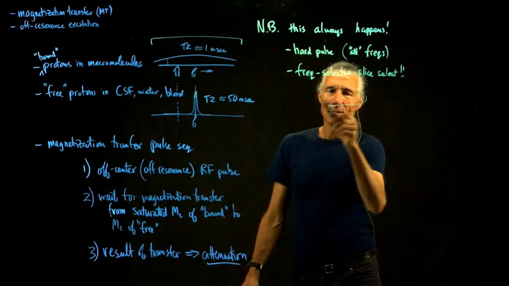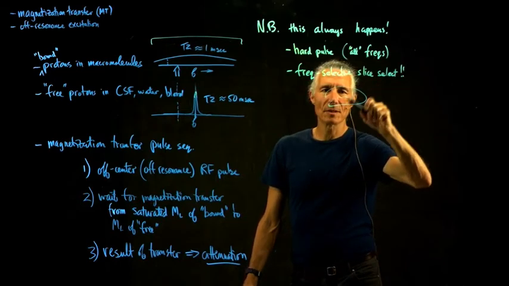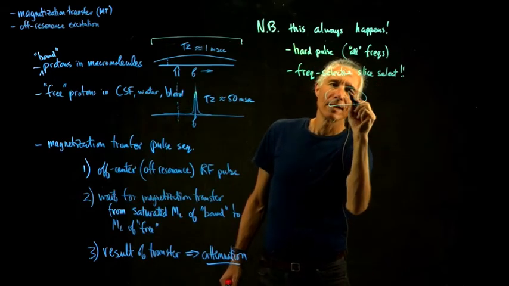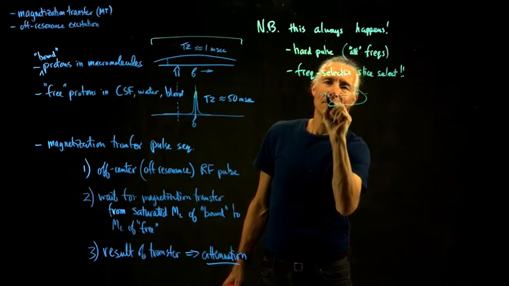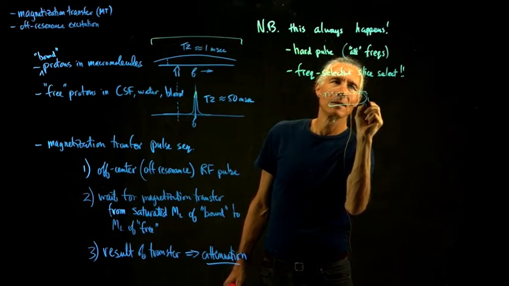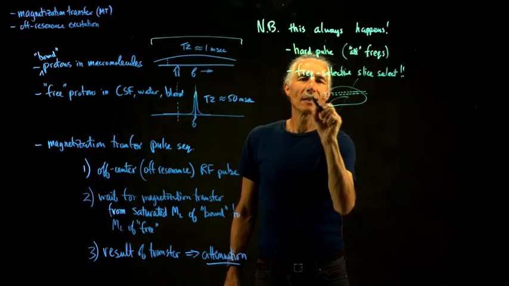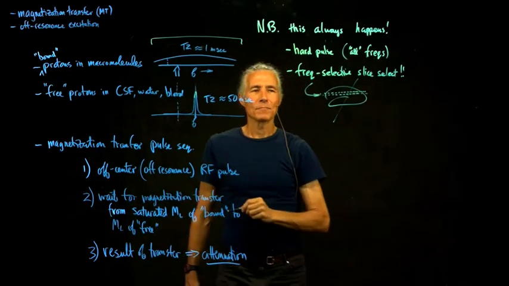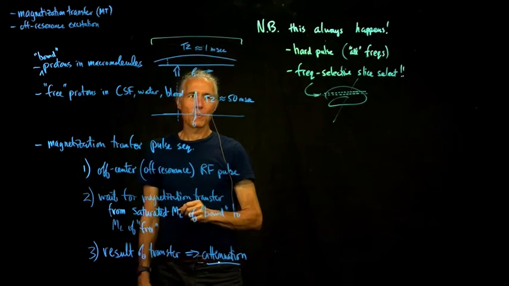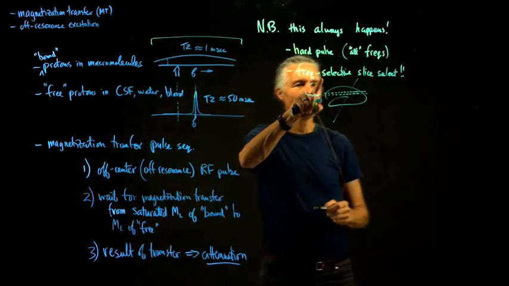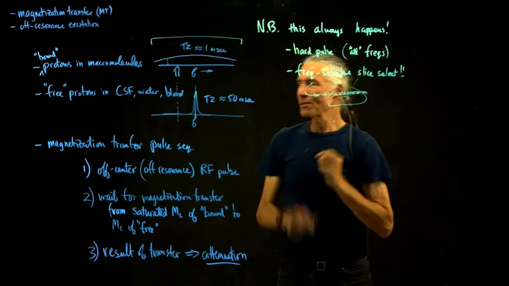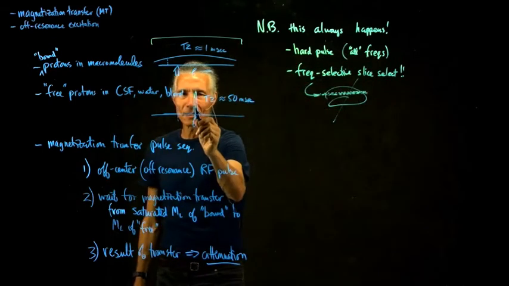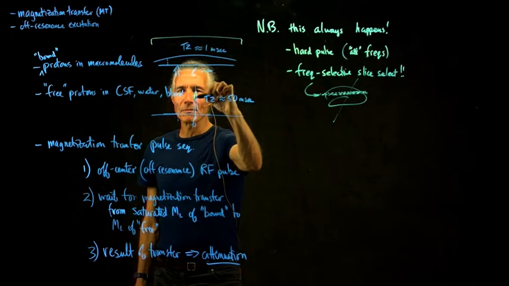Say you want to select a horizontal slice, so you put a gradient on, and that gradient picks out just the protons at that particular frequency. You do the frequency selective pulse, turn the gradient on, and you get a slice. That's all good. Those guys are hit just right where they were resonating.